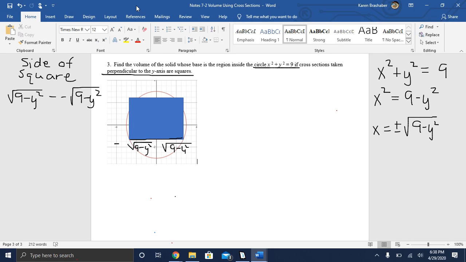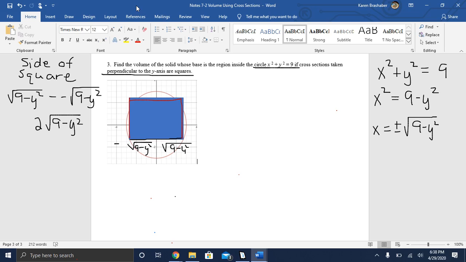And so if we combine those, we would have 2 square roots of 9 minus y squared. All right, so now we need to do the area of this square, no matter where it's drawn in the shape.